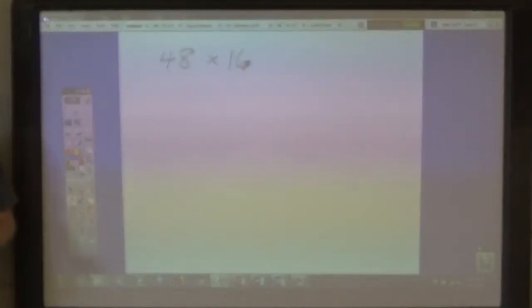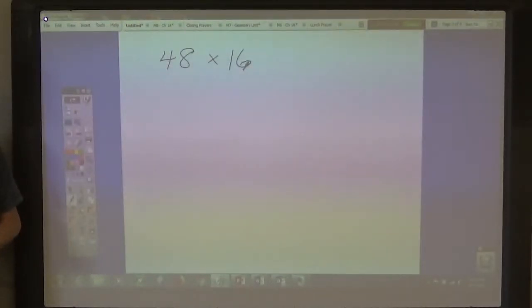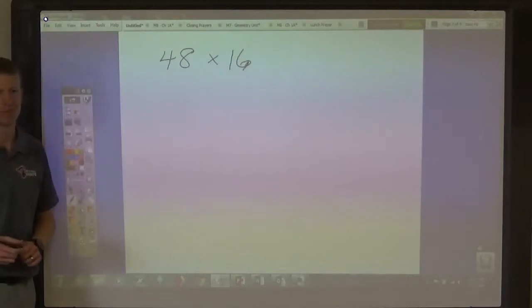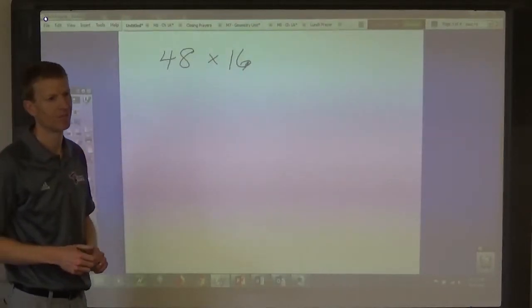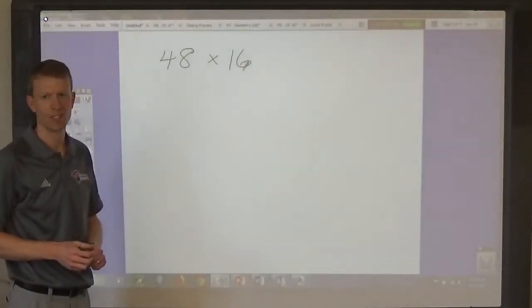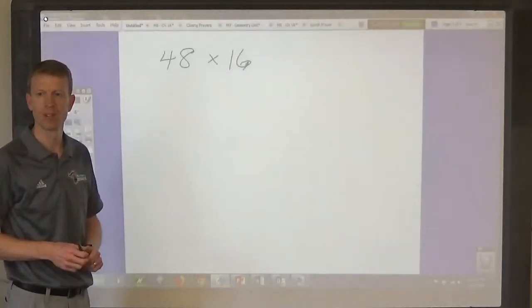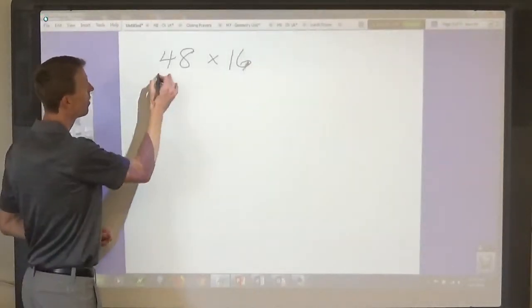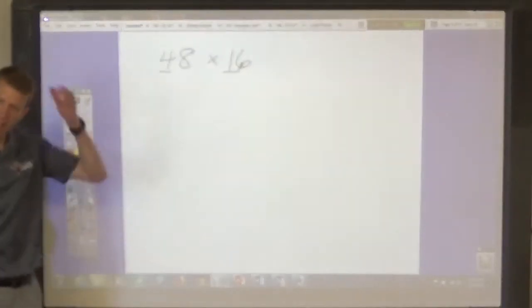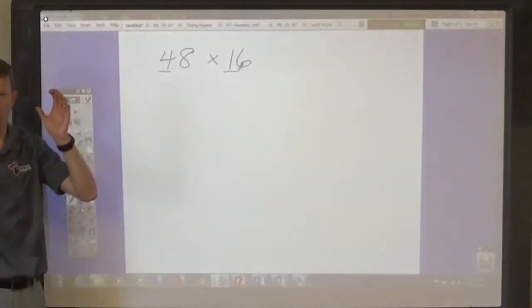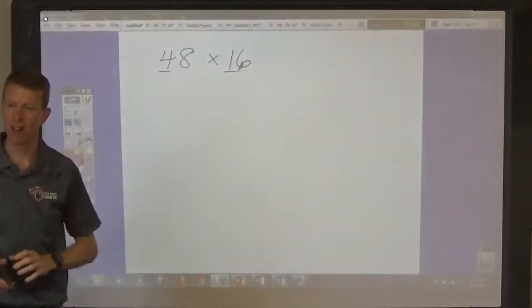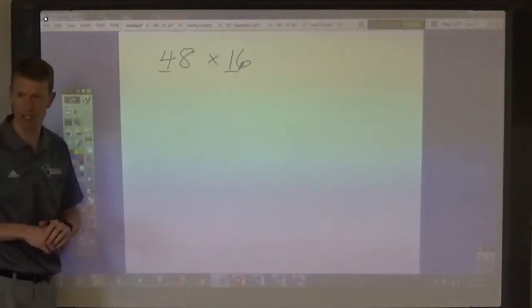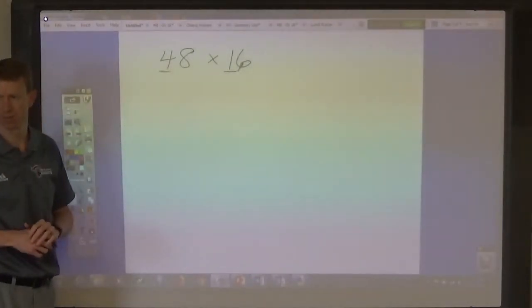What should we do to estimate multiplication? Amelia? Round it to the nearest digit so that you're just doing a basic fact. So a single digit multiplication.